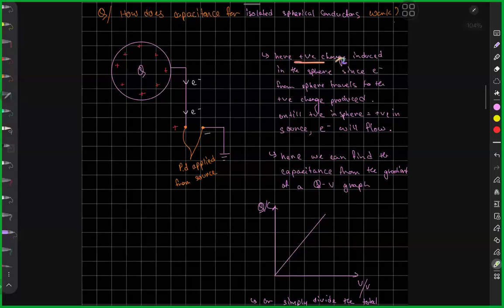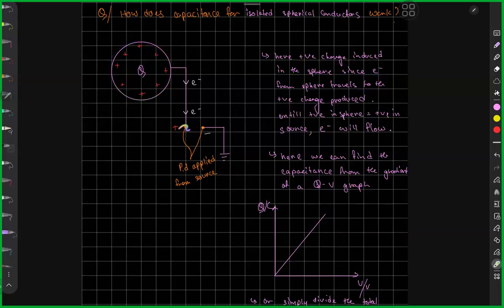So we have positive charge induced in the sphere over here, and there. Why do we have a positively charged sphere? How do we make it happen? Basically, you can think of it very simply.